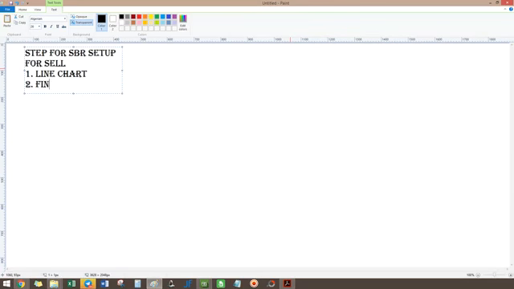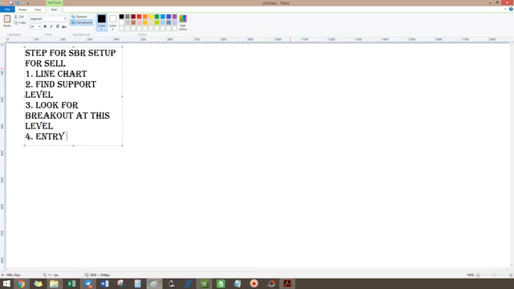Second, find support level. Then look for breakout at this level. For entry, sell at origin of breakout, or SBR level.